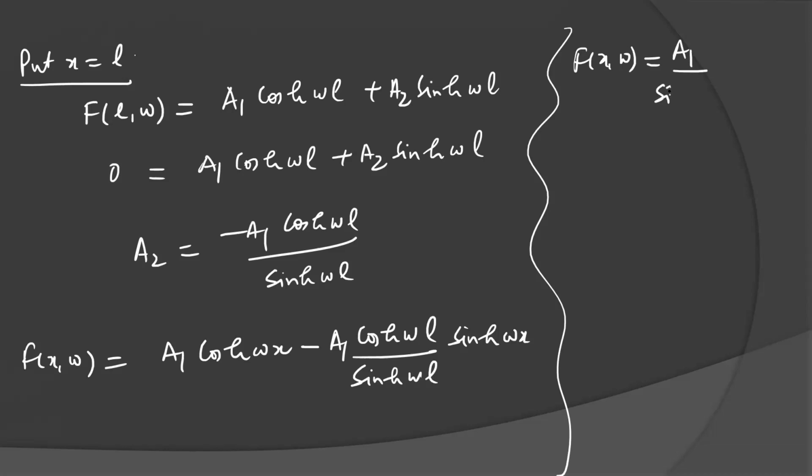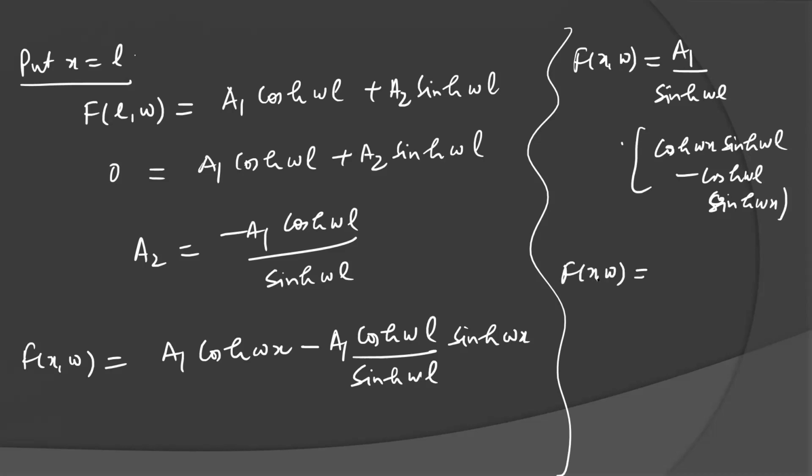We can take A1 over sin hyperbolic omega L outside, into cos hyperbolic omega x sin hyperbolic omega L minus cos hyperbolic omega L sin hyperbolic omega x. This is the well-known formula sin A cos B minus cos A sin B, which is sin (A minus B). So it can be written as sin hyperbolic omega (L minus x).